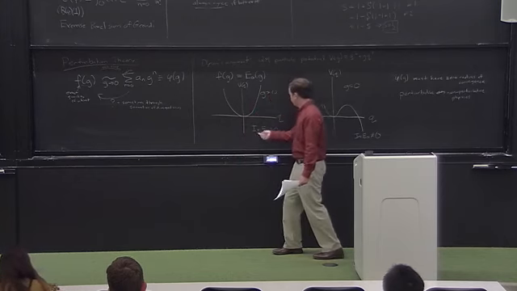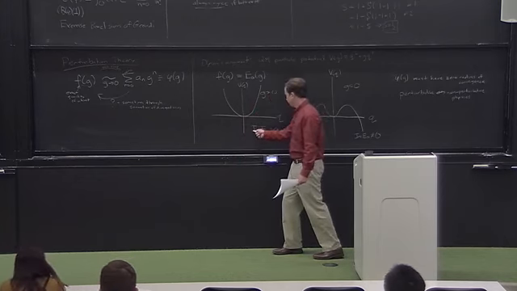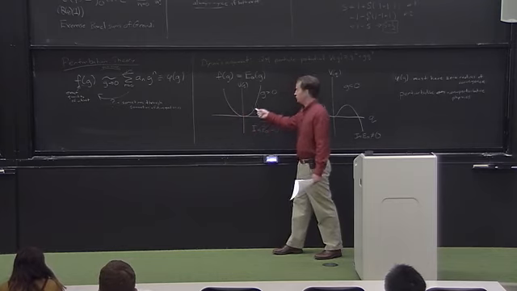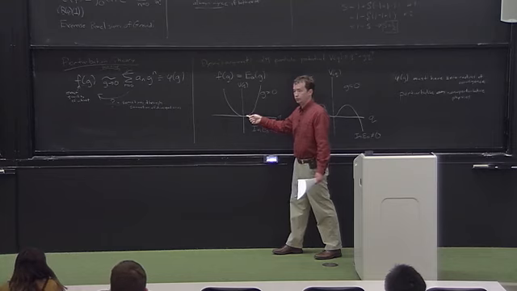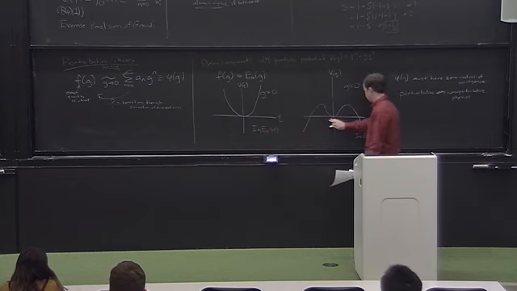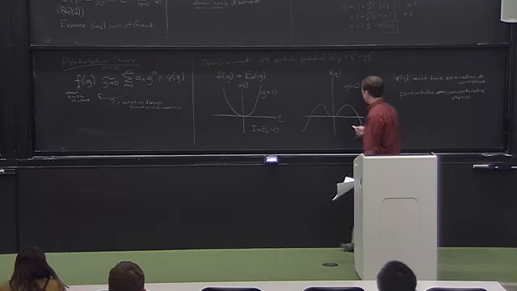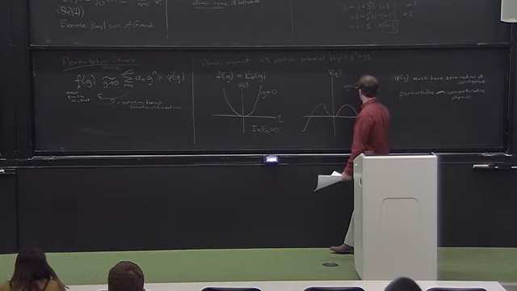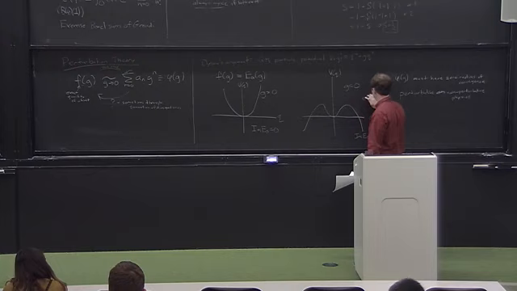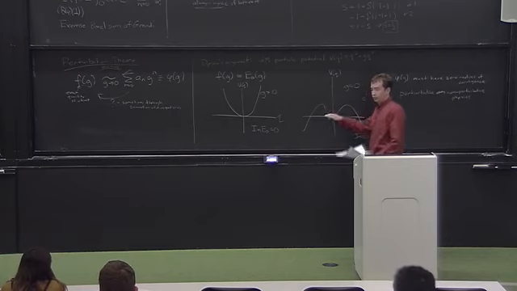So this is just saying that the ground state energy should be real if we have a potential that's bounded from below. If the potential is not bounded from below, well, we wanted to time evolve a state that was localized near where the minimum was.